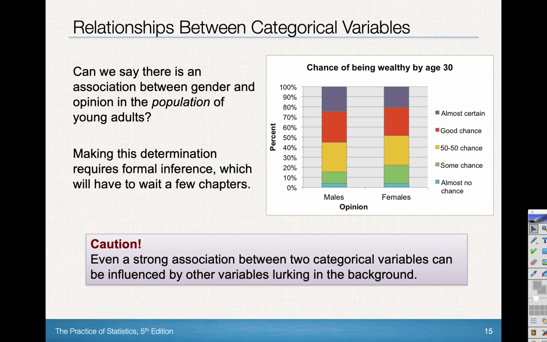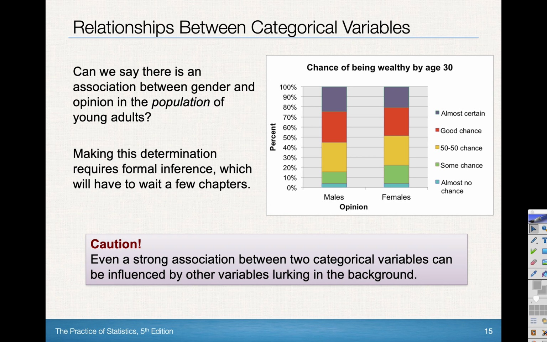There's a strong association between the number of ice creams that are sold and the number of shark attacks that occur. So does that mean that ice cream sales are causing shark attacks? And obviously the answer is no. Buying ice cream does not cause someone to get eaten by a shark.